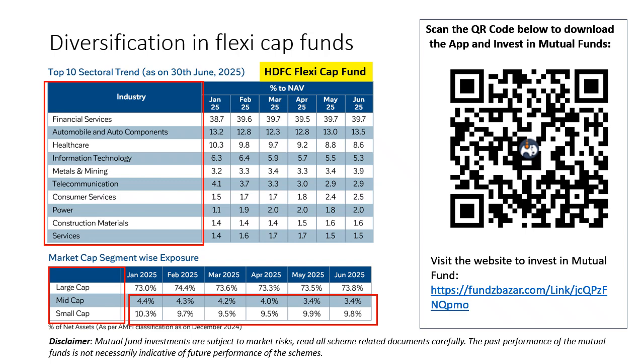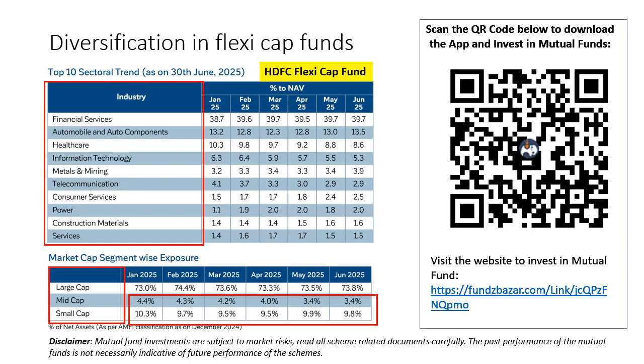So see how the fund manager is dynamically changing the composition of the fund, right? Because there are fears of overvaluation in mid cap and small cap segments of late, the fund manager has systematically reduced the exposure to these segments and increased the fund's exposure to the large cap segment.